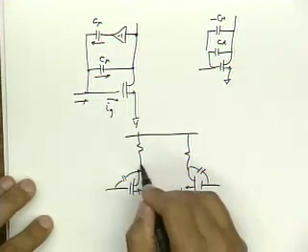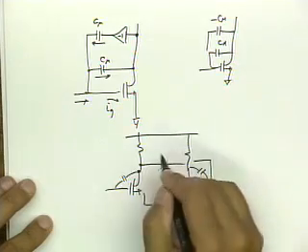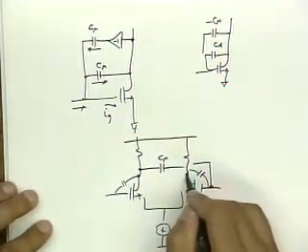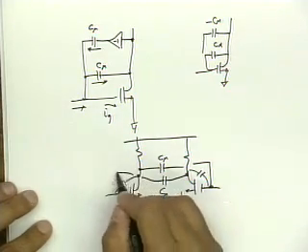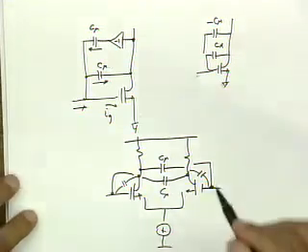So I can take this node here and connect a fake C mu, if you like, and I can take this node here and generate another fake C mu and connect it into here. So this cross-coupling will provide unilateralization for this device, or neutralization.